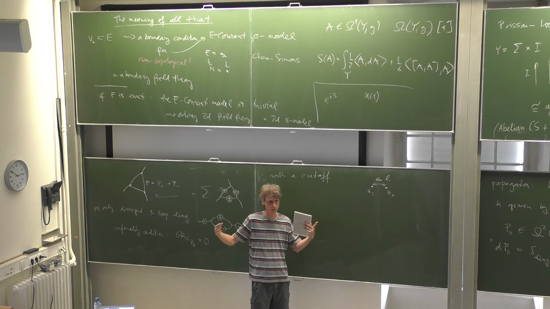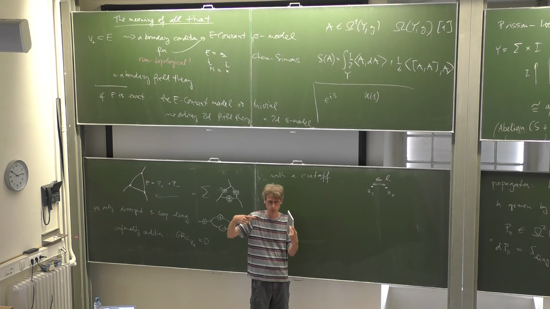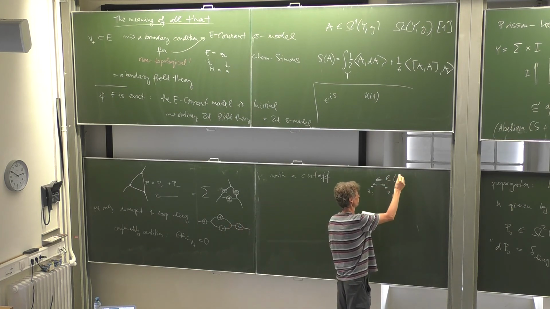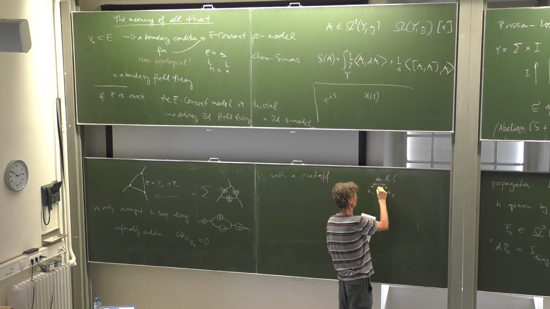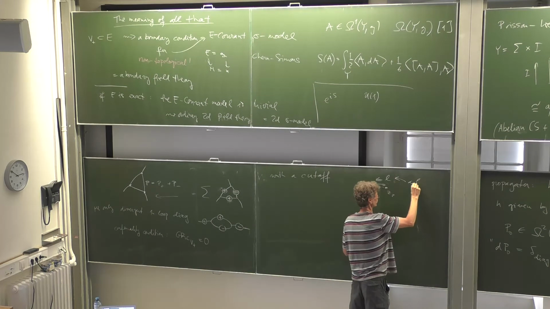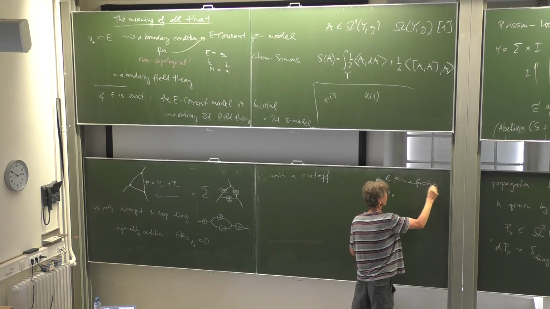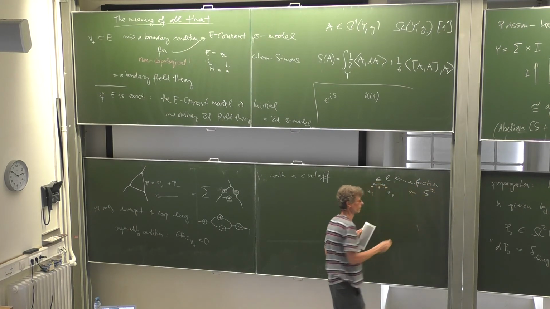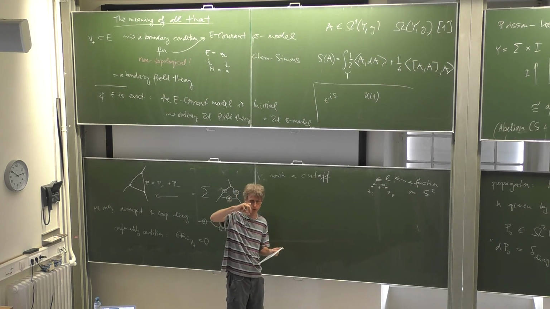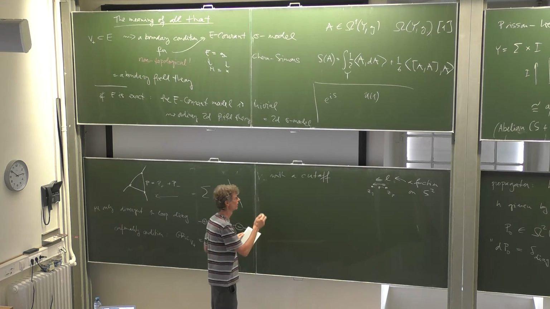We do not allow these points, Z1 and Z2, to get too close to each other. And this L might be a function of the midpoint or something like that. So this is in principle a function on S2. The cutoff might depend on where we are. Somewhere it might be shorter, somewhere it might be longer.